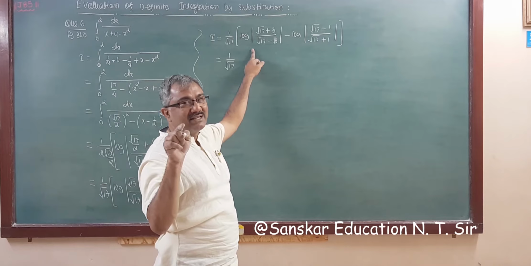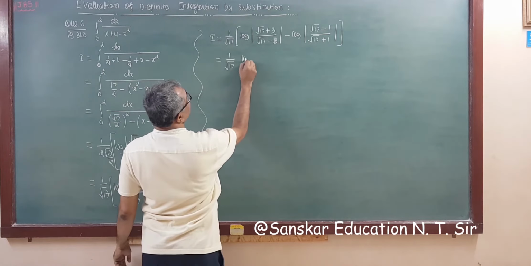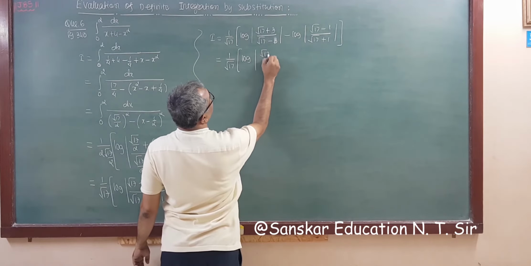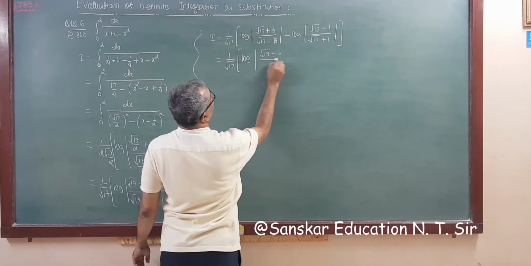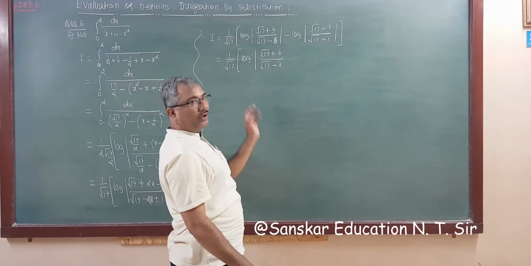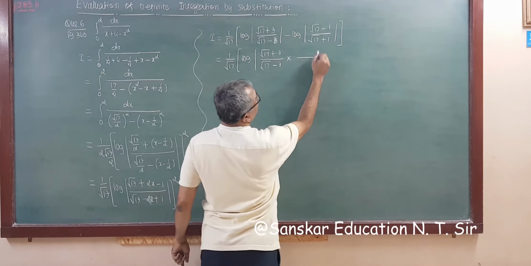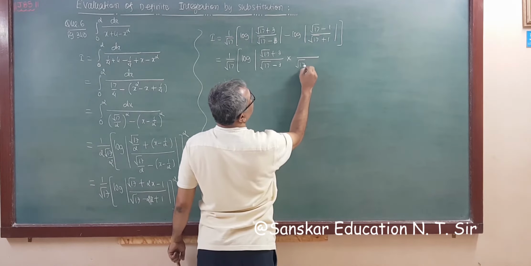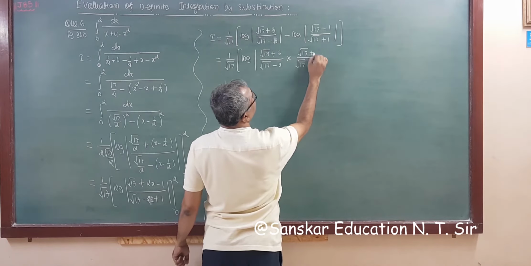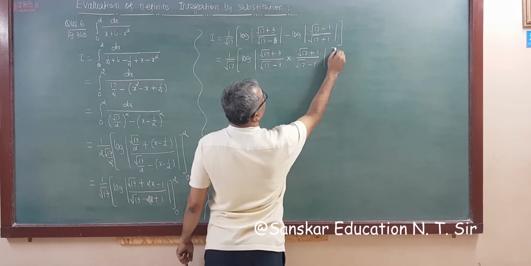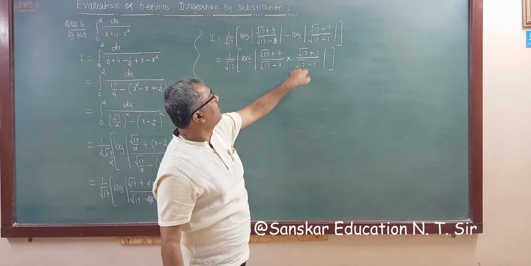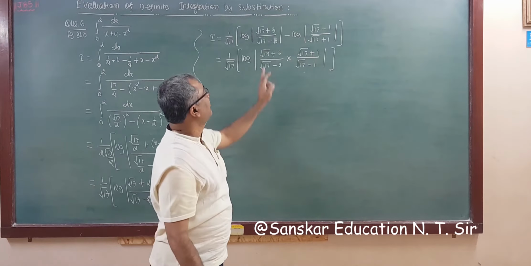So this is log mod root 17 plus 3 upon root 17 minus 3, divided by root 17 minus 1 upon root 17 plus 1. Denominator goes to numerator, root 17 plus 1. Applying log a minus log b is log a upon b, then multiplying this.